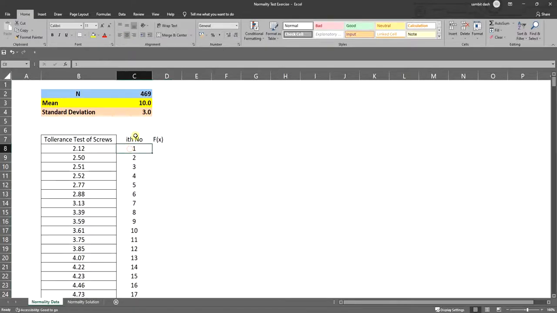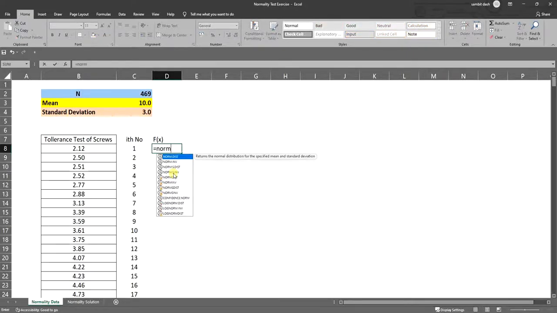Once we have the ith intervals calculated, come here and we will calculate Fx. Fx is nothing but the normality. So this is equal to normal distribution, and you select x, which is this number, and then the mean, and then the standard deviation.